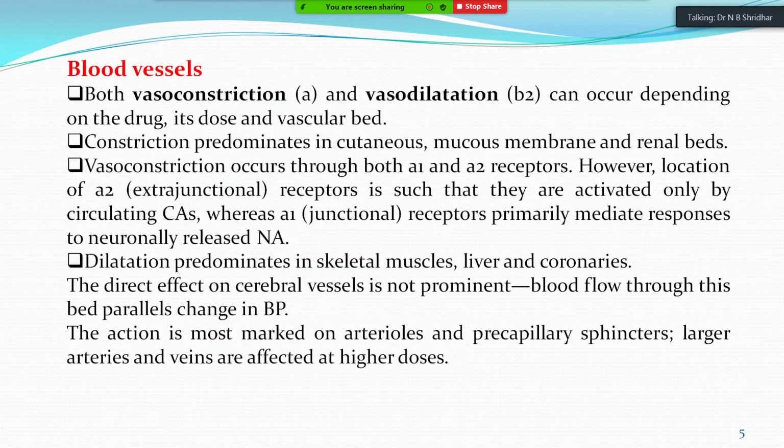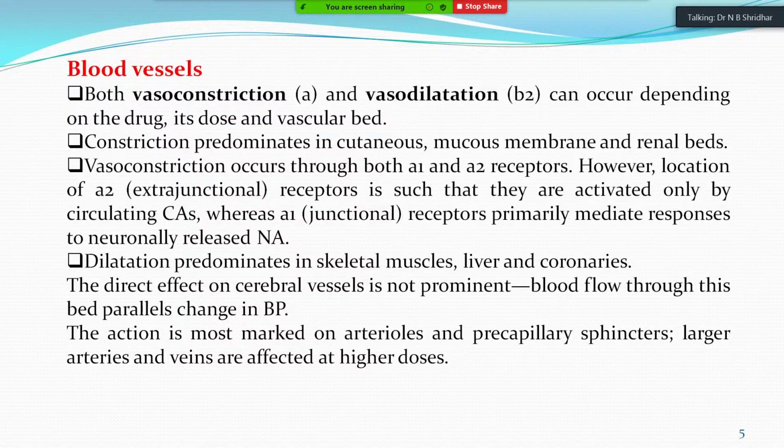Wherever you can see the visible mucous membranes and renal beds, it is going to constrict the blood vessels, meaning the blood supply to the organ is decreased. Vasoconstriction occurs through both alpha 1 and alpha 2 type of receptors. Alpha 1 is postsynaptic and alpha 2 is presynaptic; presynaptic is inhibitory in nature, postsynaptic is excitatory in nature.